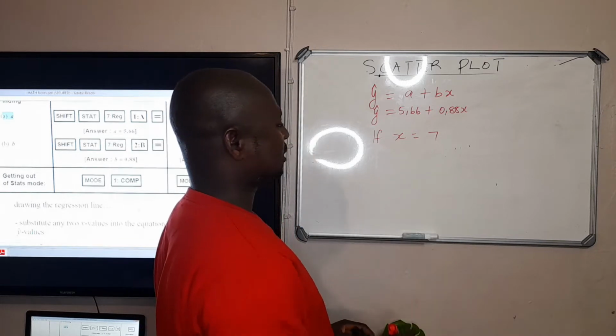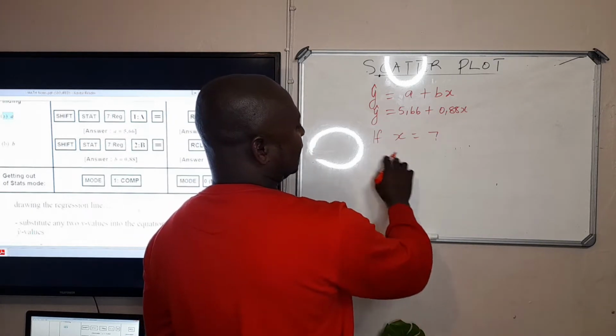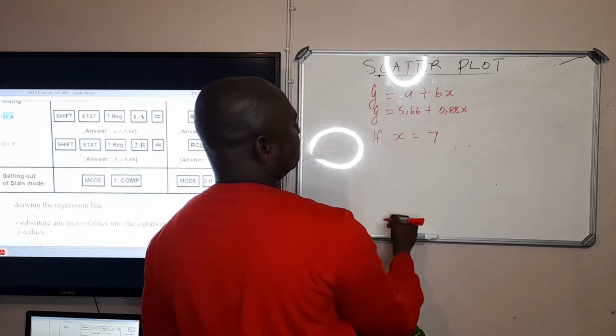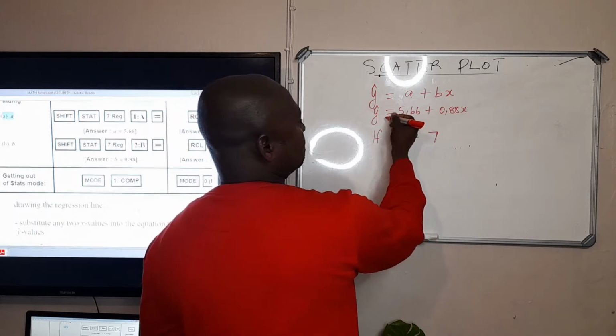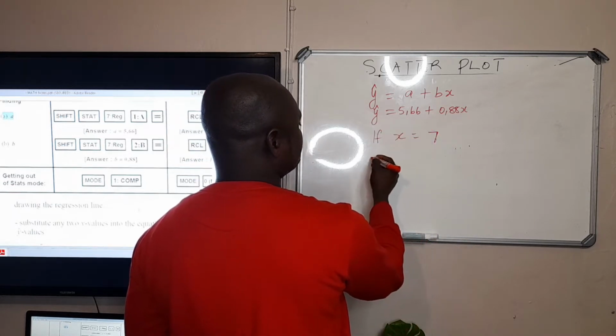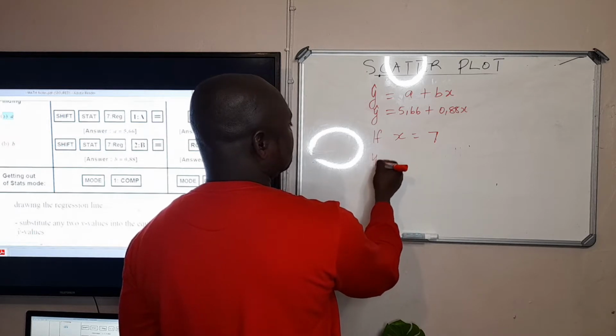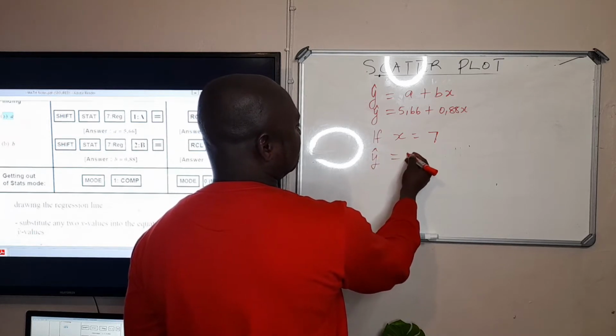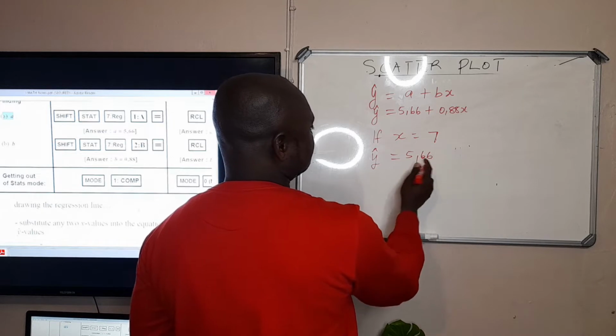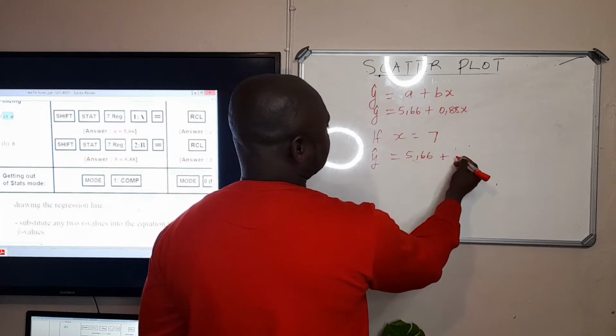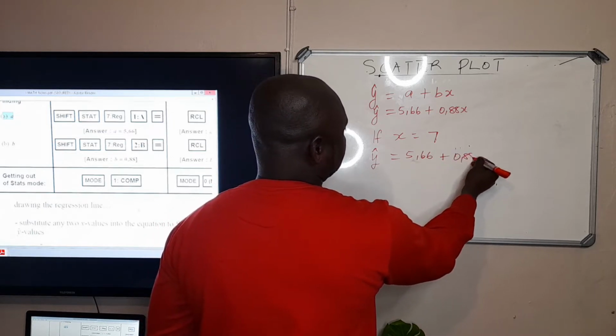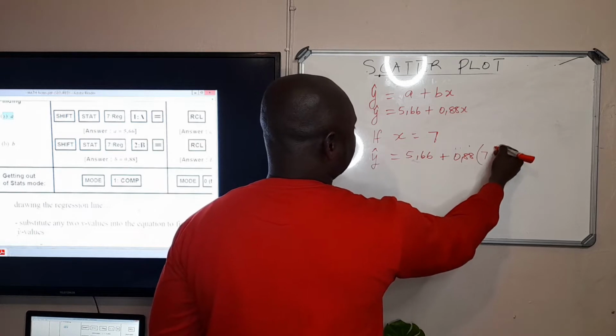So in that case, if they have given you any x value, you just substitute into the equation of the least square regression line to predict y. So you say predicted y is equal to 5,66 plus 0,88, then you open a bracket, then you put 7.